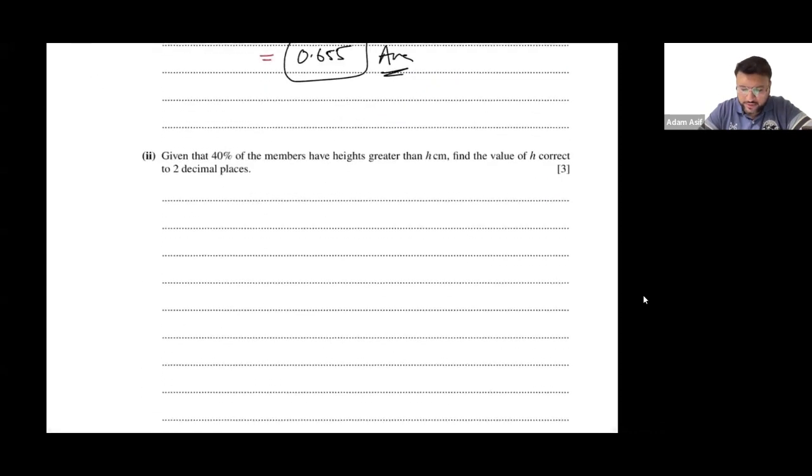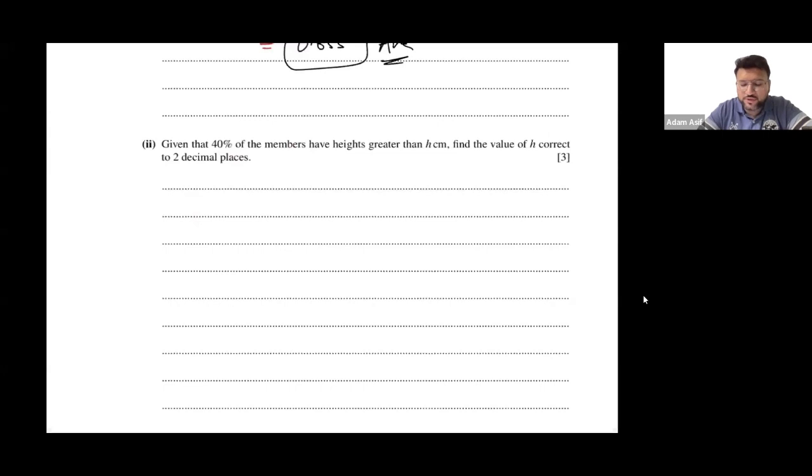Second part, given that 40% of the members have height greater than h, find the value of h correct to 2 decimal places. Now, it is given that probability that the height of the member is greater than h is 0.4.